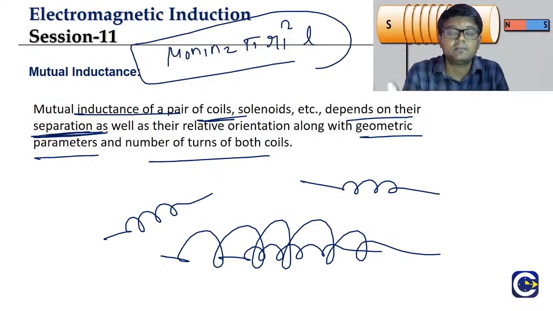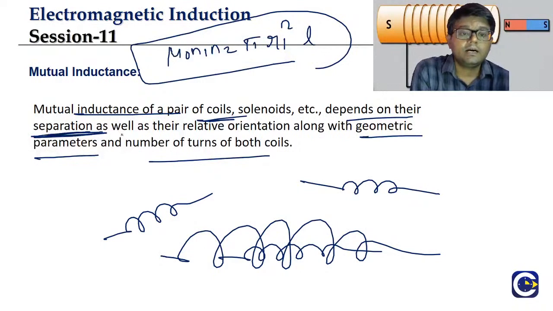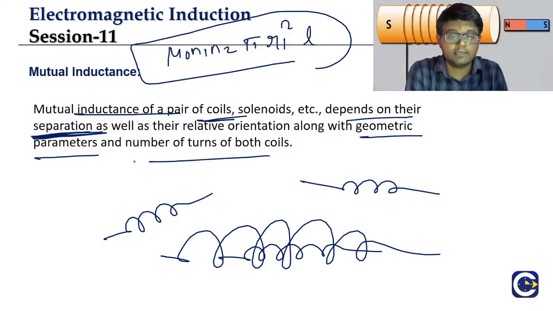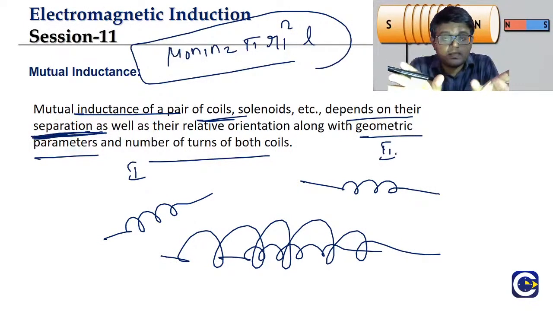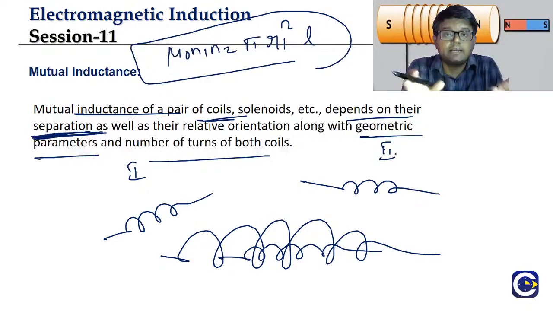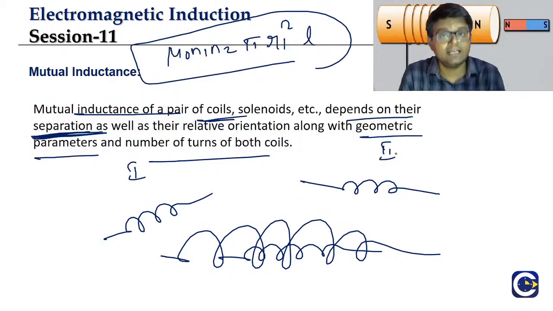Here we are giving this without actually deriving it, because the general derivation is a little complicated. If you have coil 1 and coil 2 and they are closer, they will have a greater mutual inductance. When they are farther, the mutual inductance between them becomes lesser and lesser.